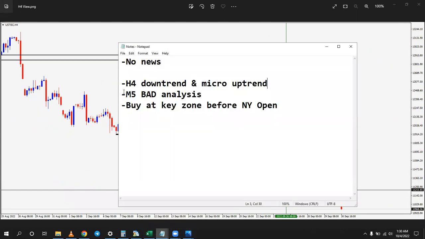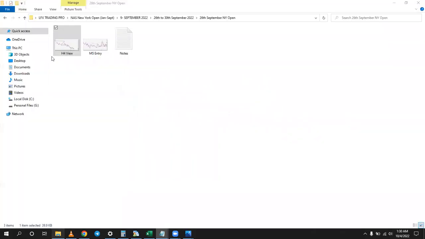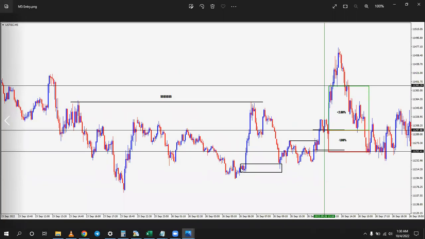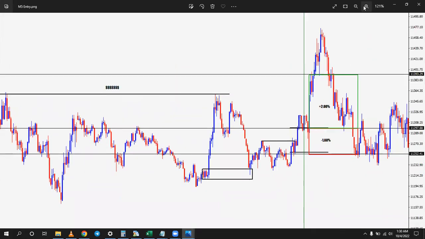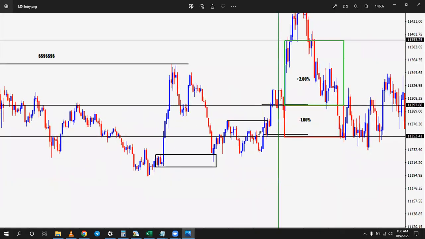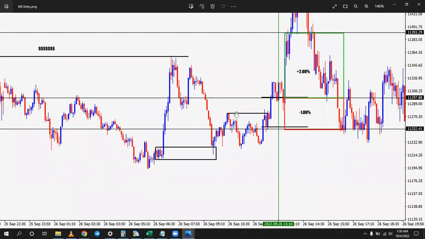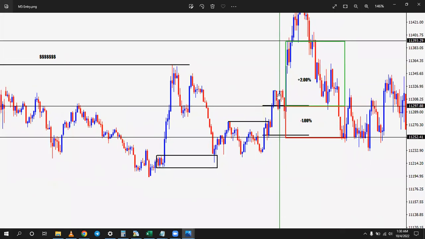So we got a buy setup on our M5. And as you can see, on M5 we had the SOP. Now I want you to focus right here. Notice we had the breaker, then price spiked up, then retraced a bit towards the decision point area.